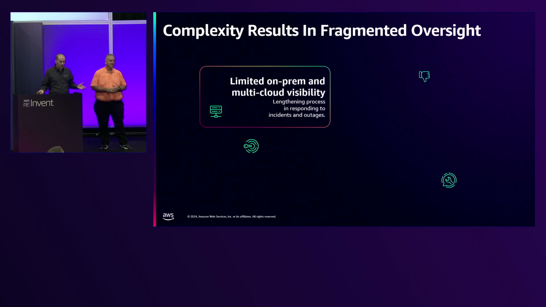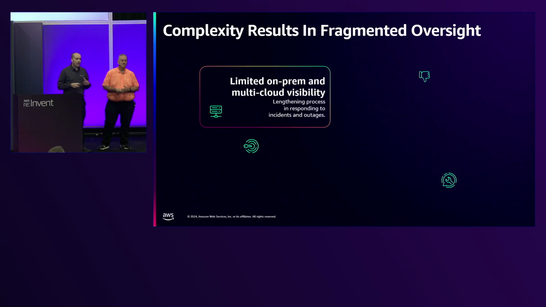When we talk about complexity, we're talking about things like multi-cloud. For many of us, the reality is that we have both on-premises cloud environments as well as public cloud environments, and in some cases more dedicated spaces.